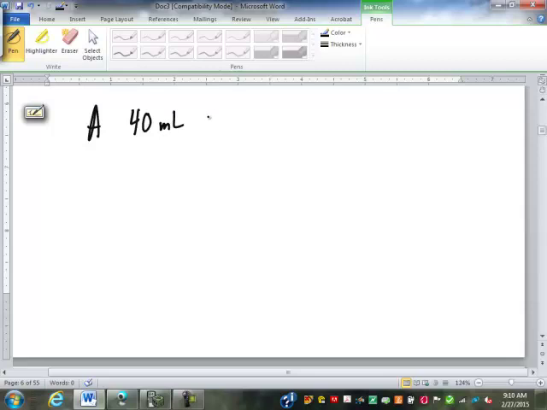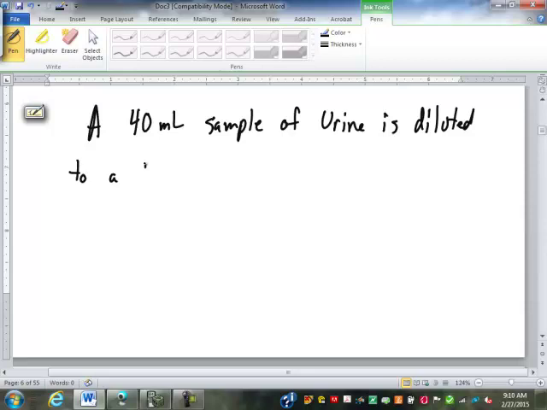So let's say we have a 40 milliliter sample of urine is diluted to a total volume of 200 milliliters.